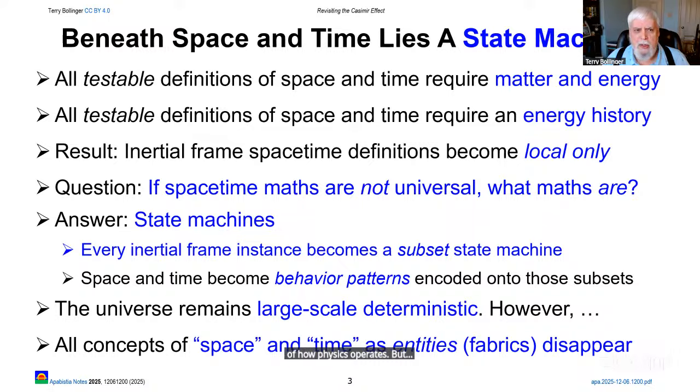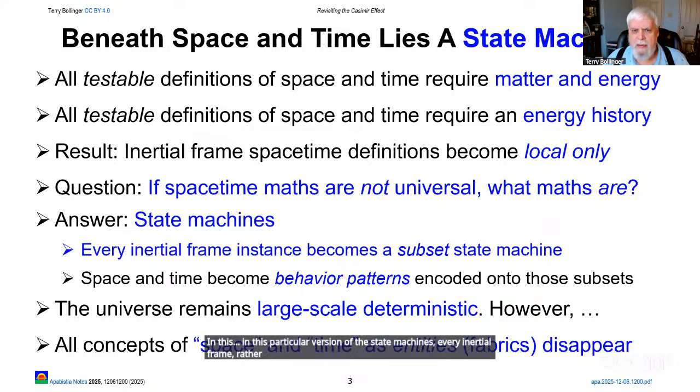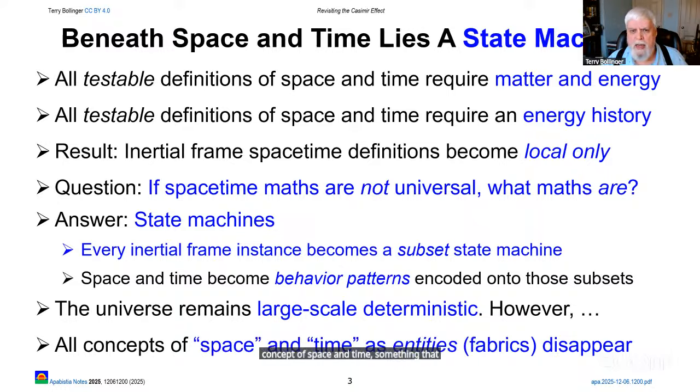In this particular version of the state machines, every inertial frame, rather than being a separate concept of space and time, something that extends to an indefinite length, becomes a subset of how the state machine works. When you do this, it has a curious effect of making the concepts of space and time into behavior patterns.